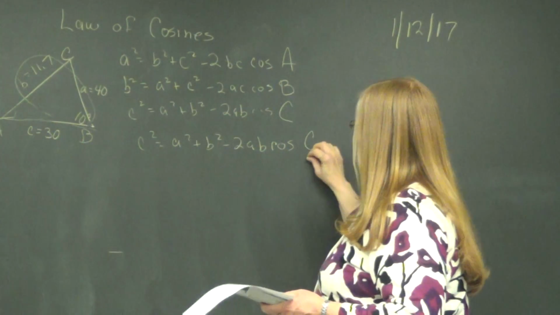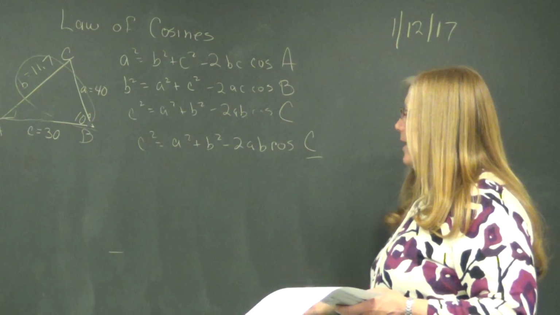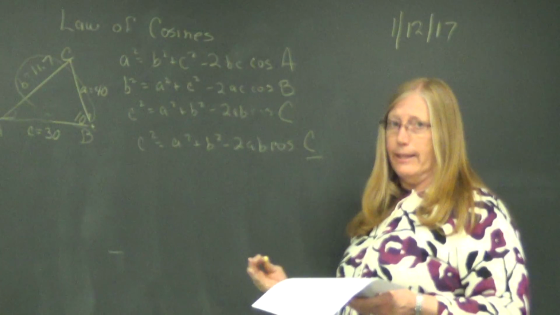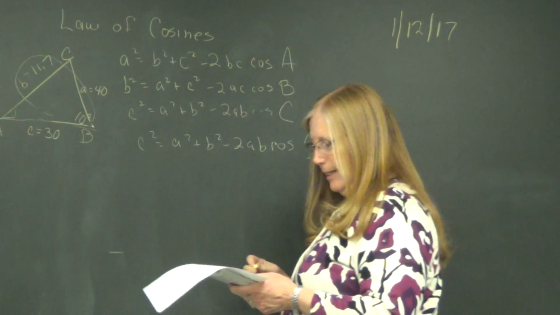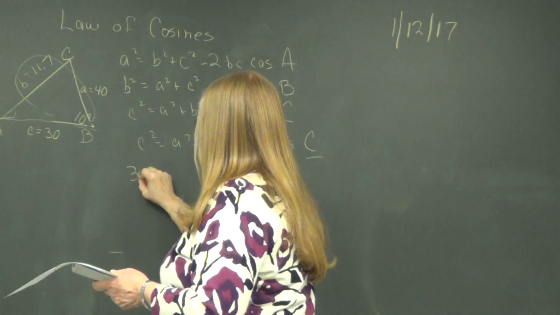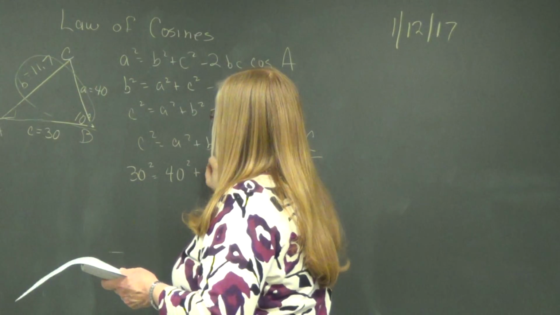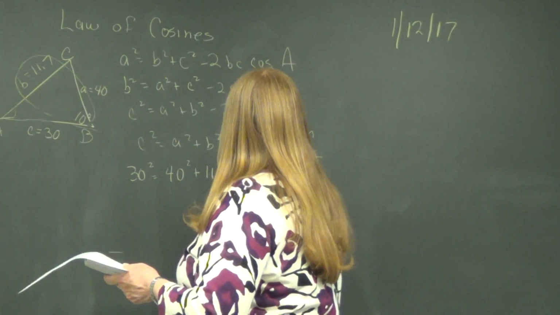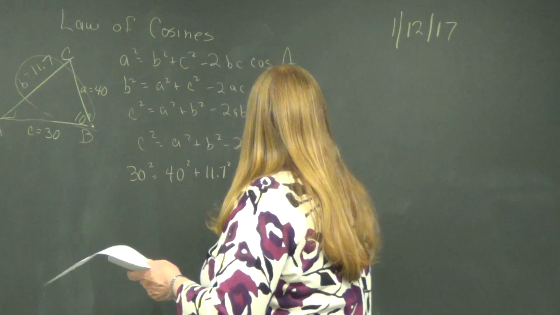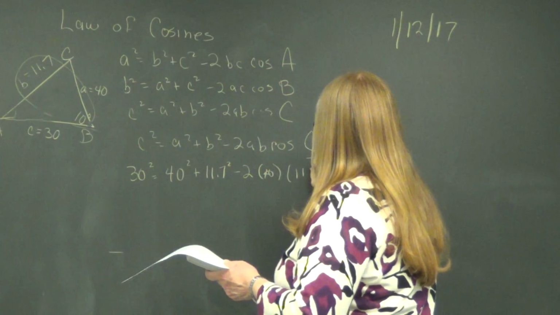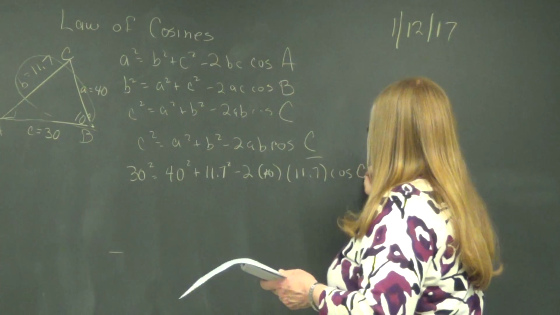I know everything but this angle, so the law of cosines will not give me anything ambiguous. It will be the correct angle. 30 squared equals 40 squared plus 11.7 squared minus 2 times 40 times 11.7 cosine c.